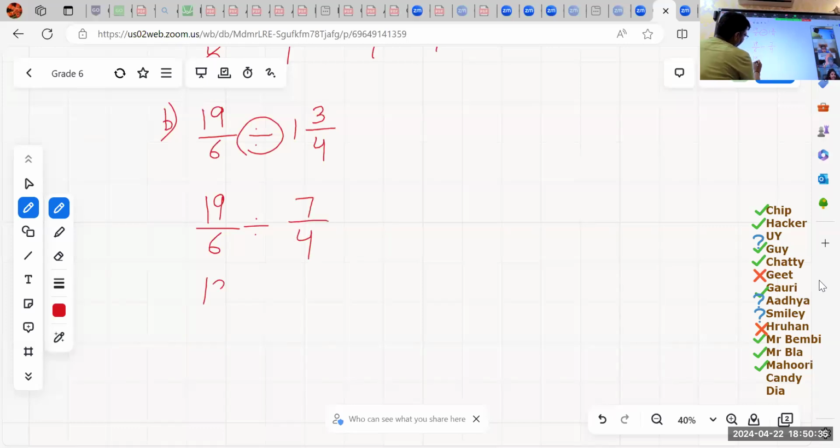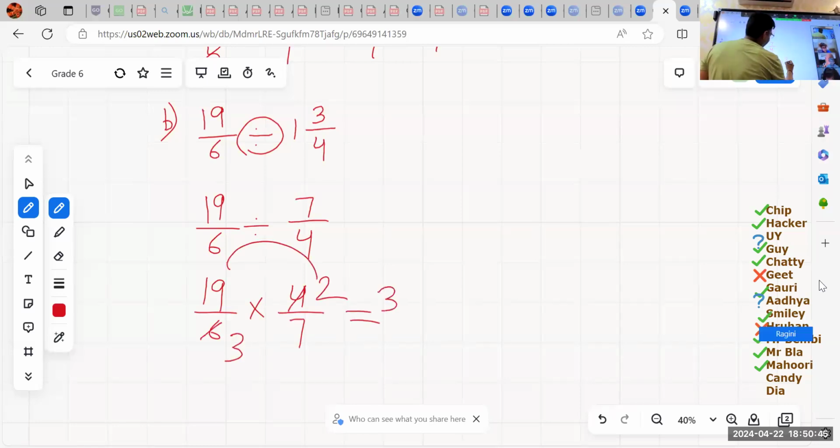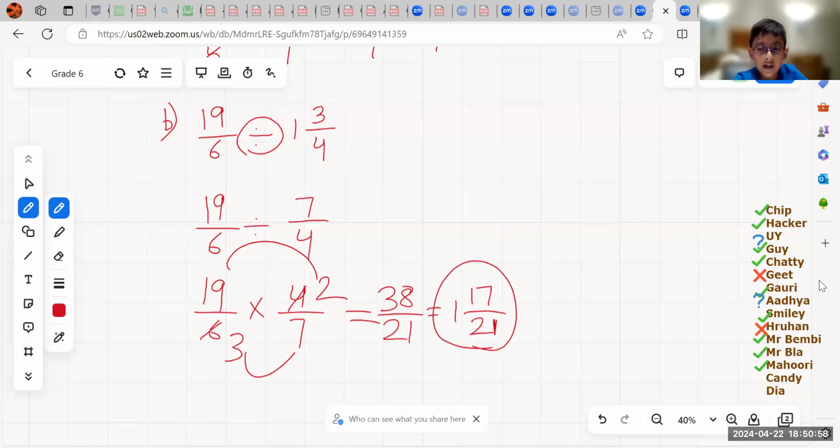So it will be 19 by 6 multiplied by 4 by 7. So 2 twos are 4, 2 threes are 6. Then 19 into 2, 38. 7 into 3, 21. So my answer would be 117 by 21. Sir, I sent it by mistake.